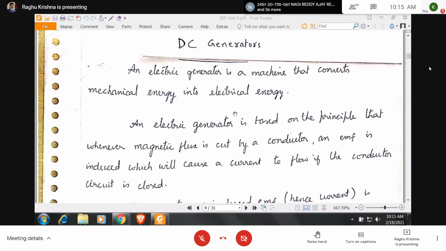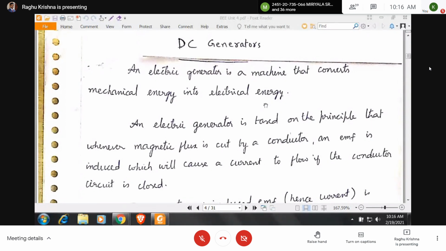Here a diesel engine will be generating the mechanical power that will be given as input to the generator. The generator will be generating the electrical power. So an electric generator is the machine that converts mechanical energy into electrical energy.